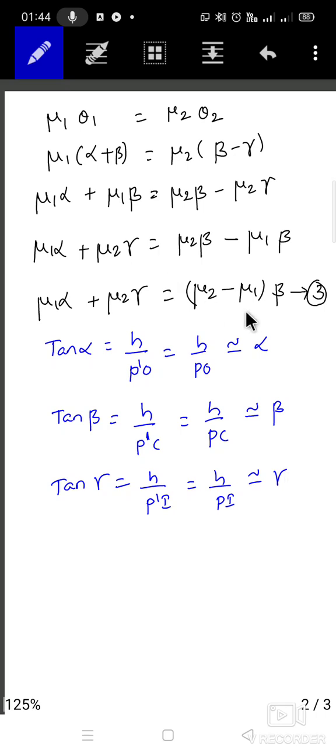So these alpha, beta, gamma values are substituted in the above equation.